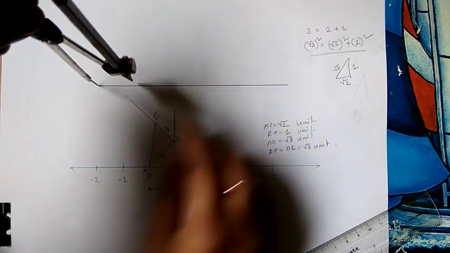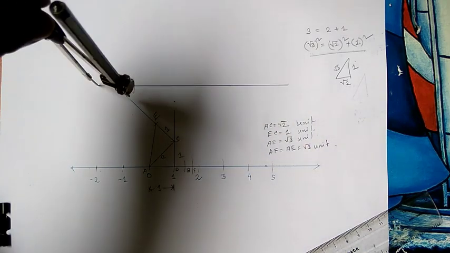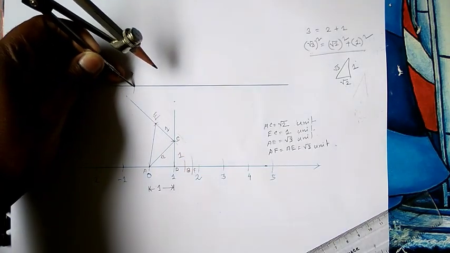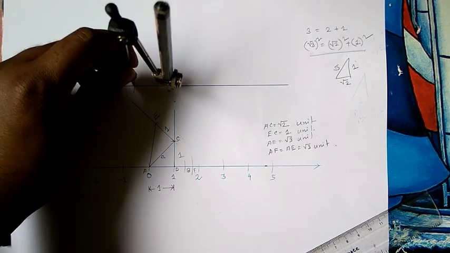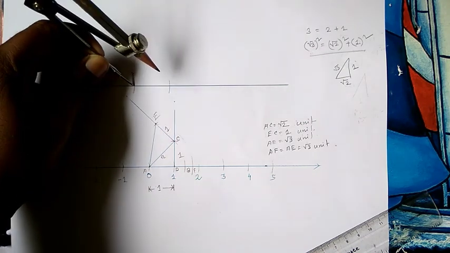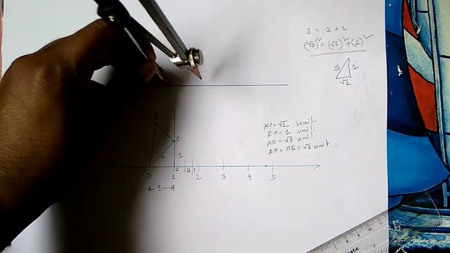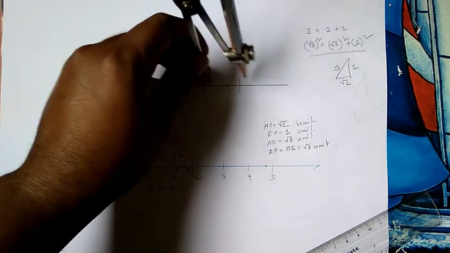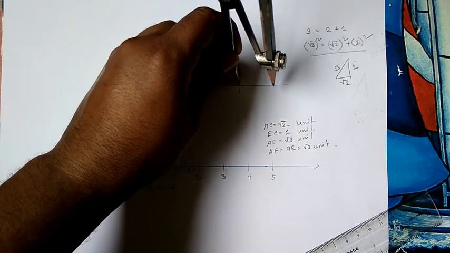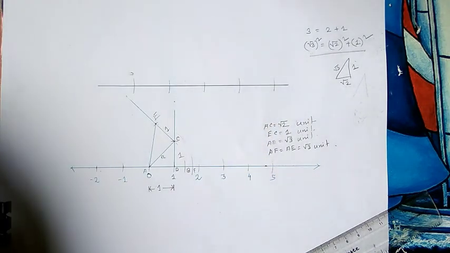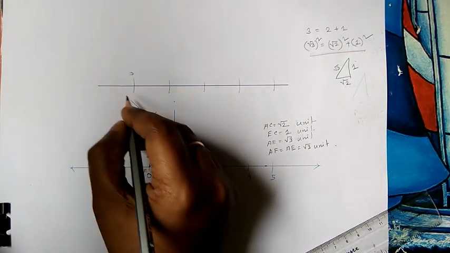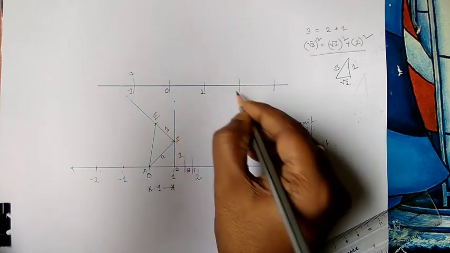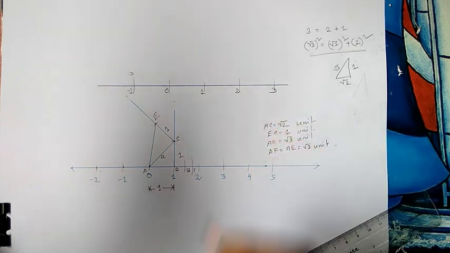So same way, I am taking 1 unit. So again, placing the compass needle here, second unit, next 3, next 4, next 5. So you can write this one -1, 0, 1, 2, 3.